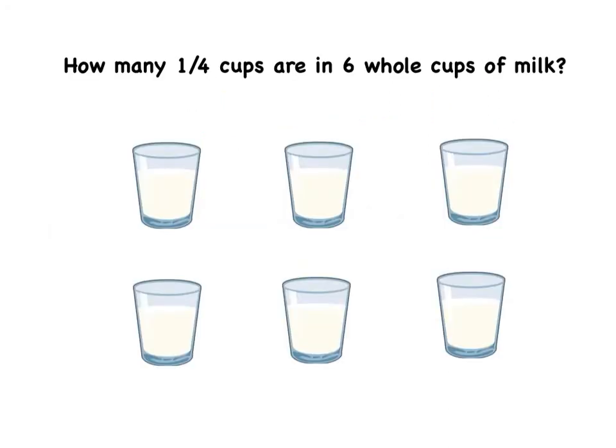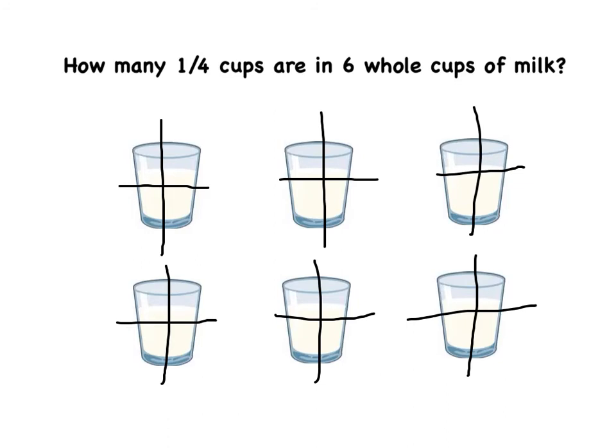Here's another problem. It's an example of dividing a whole number by a fraction, but it's worded a little bit differently. I wanted to make sure that I highlighted this type of problem so that when kids are reading through their work they don't get confused by it. This problem says, how many 1/4 cups are in 6 whole cups of milk? So we're thinking, okay, there's 6 whole cups of milk, so we need to divide those into fourths. I'm going to divide each of the cups of milk into a fourth.